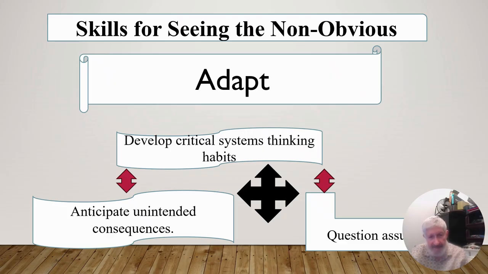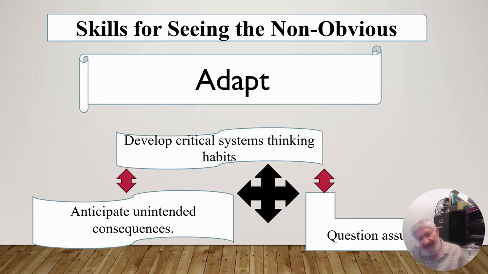All right, let's take a look at some of the skills you need for seeing the non-obvious. First thing is adaptation.